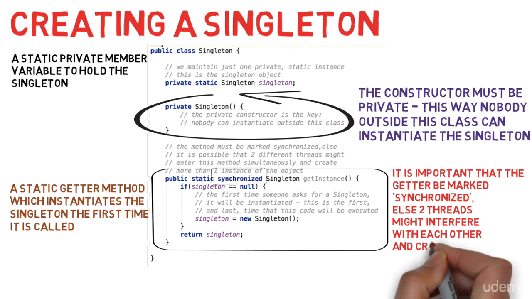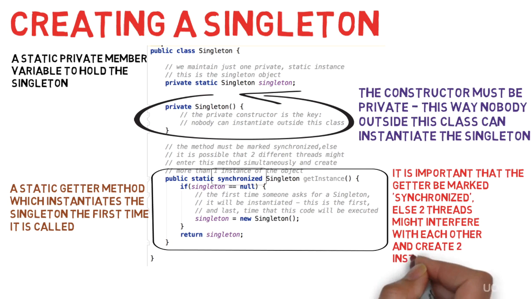If you allow only one thread to enter getInstance at any point in time, you'll be able to guarantee that you'll have only one instance of singleton. That is why synchronizing the access to getInstance, to allow only one thread to enter at any point in time, is extremely important.